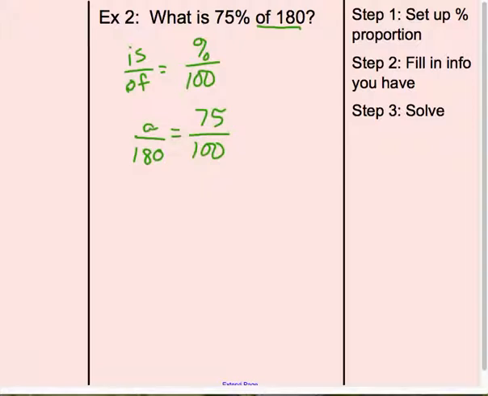So to solve for A, we're going to multiply both sides by 180. Remember, we're multiplying the 75 by 180 and then dividing by 100 to get our answer, which is 135. So going back to fill in the blanks, 135 is 75% of 180.